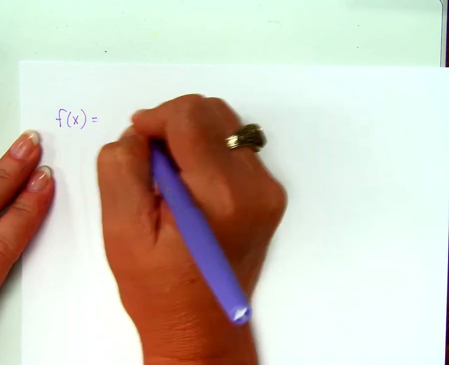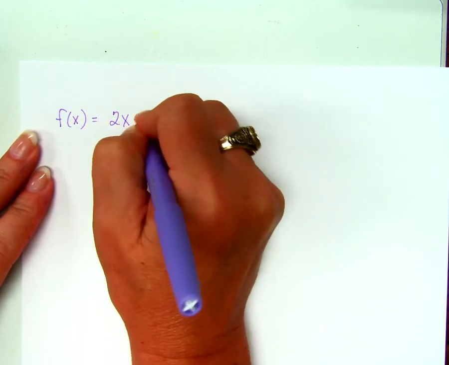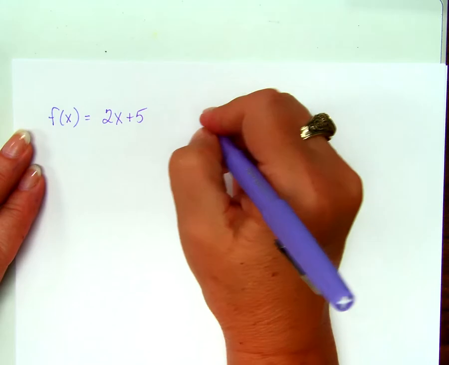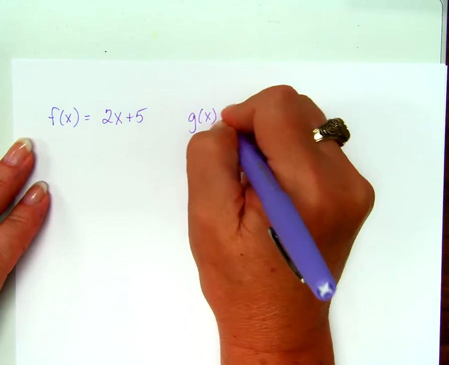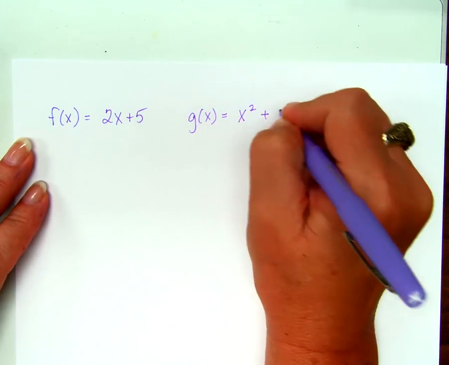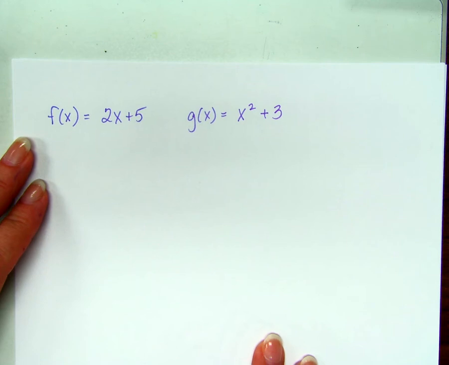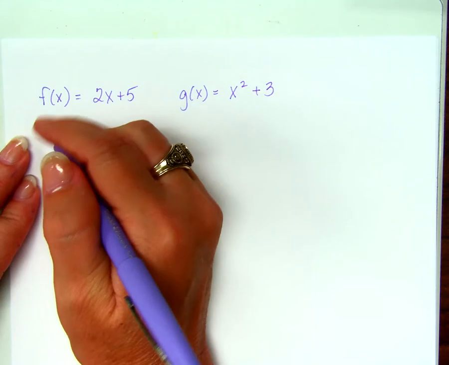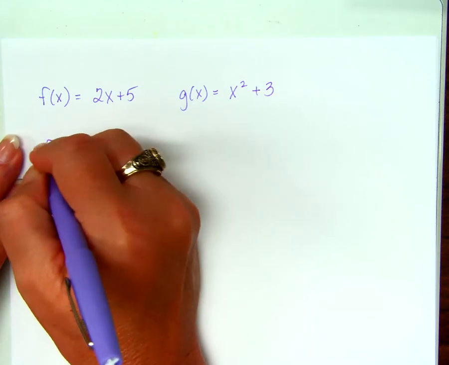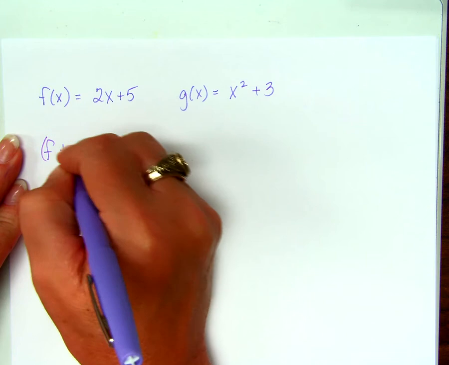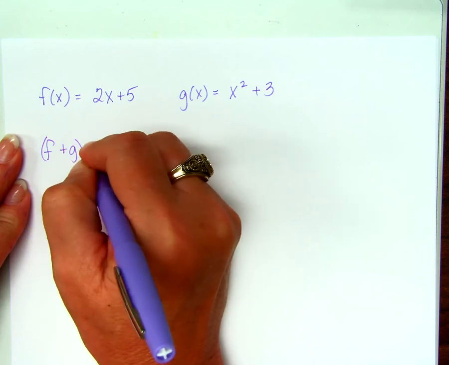We have f of x, and we'll say f of x is 2x plus 5. And I'll tell you that g of x is x squared plus 3. Okay? So combinations of functions say, I want you to tell me (f plus g) of x.